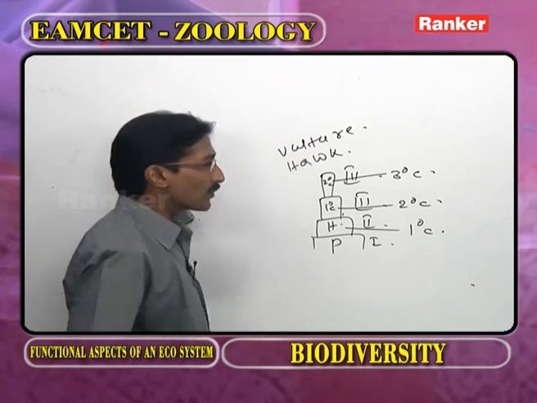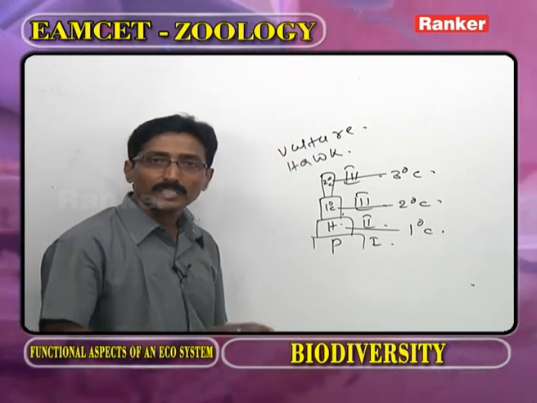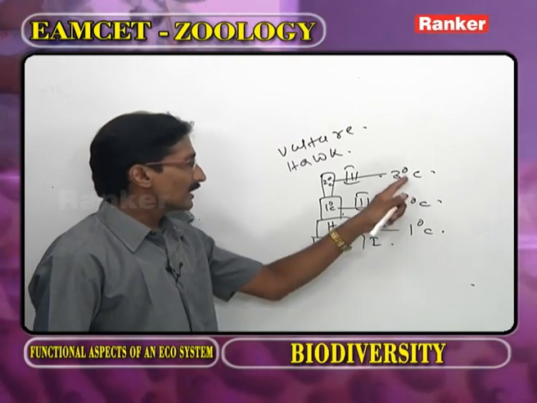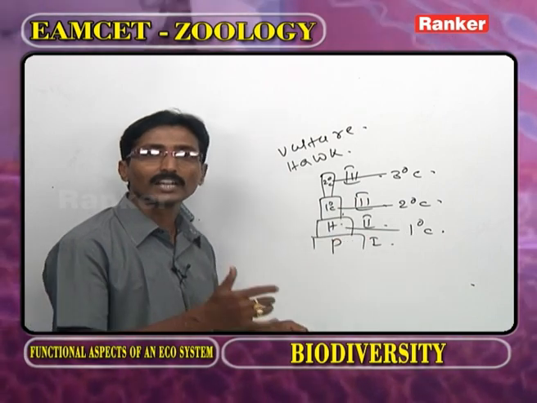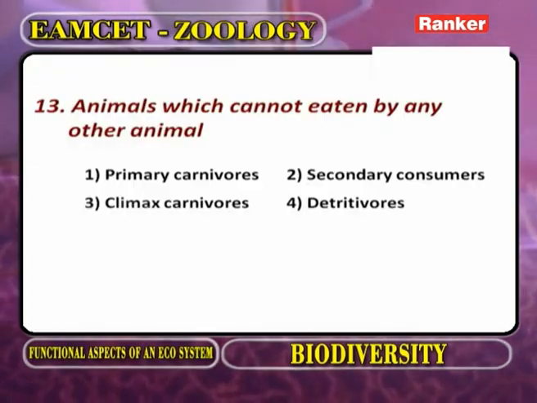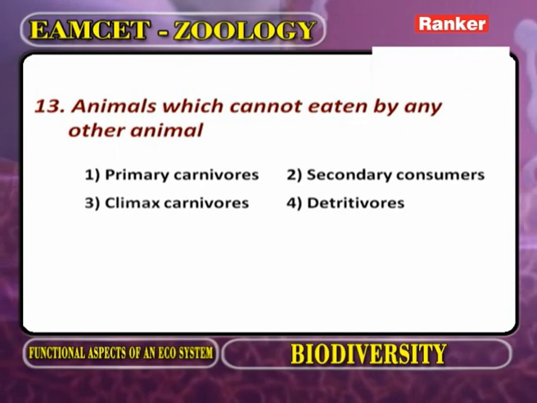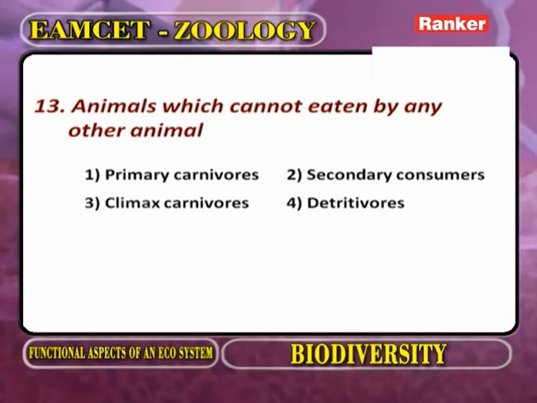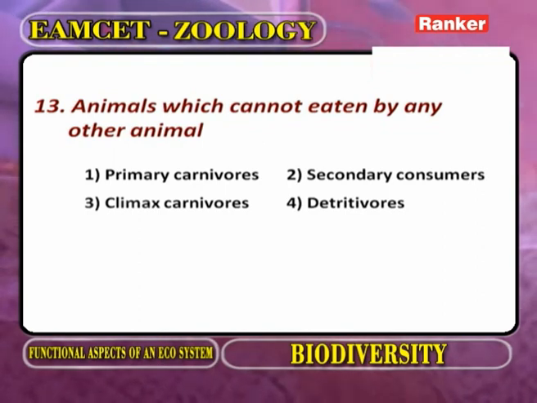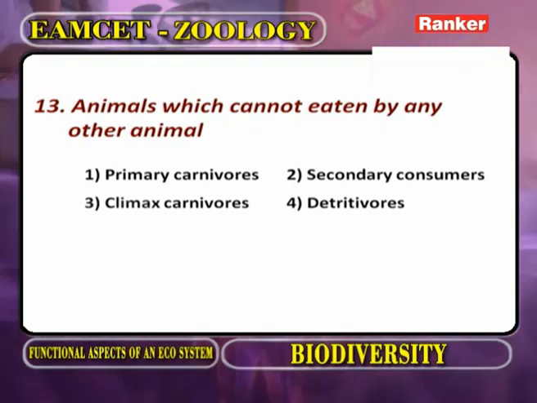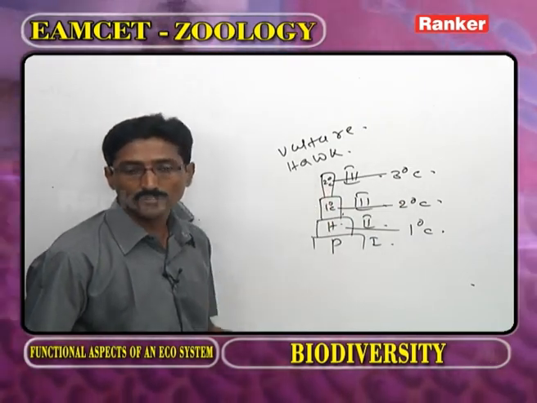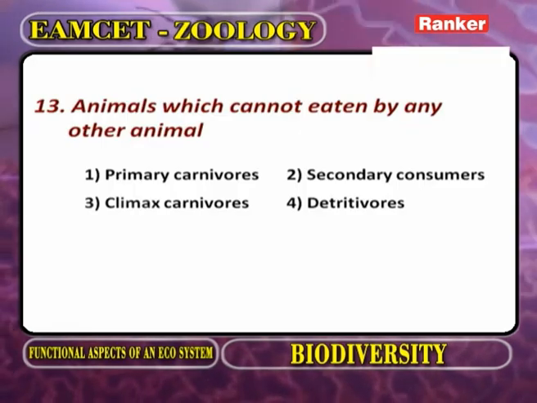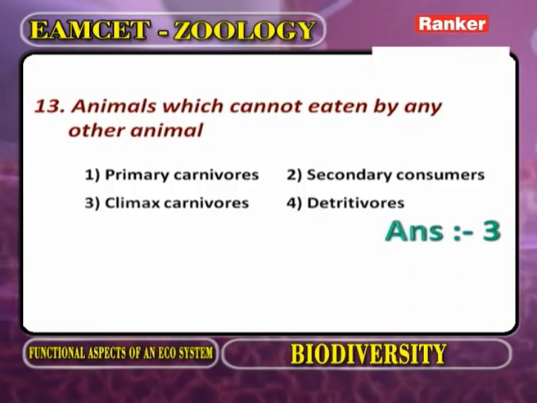So in a food chain, which organism is not eaten by other animals? The tertiary consumer, also called the secondary carnivore or climax carnivore. Here, what is the climax carnivore? Tertiary consumer, also called the secondary carnivore. The correct answer for this question is the third option. Now we go for the next question.